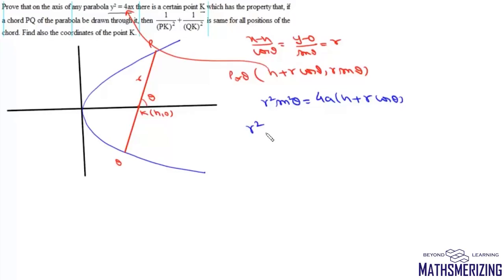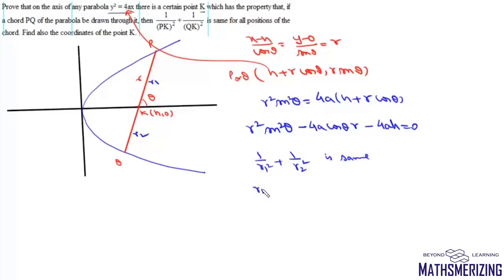I'll write it as r square sine square theta minus 4a cos theta into r minus 4ah equals 0. Now this equation has two roots, say r1 and r2, and it says 1 upon r1 square plus 1 upon r2 square is constant.